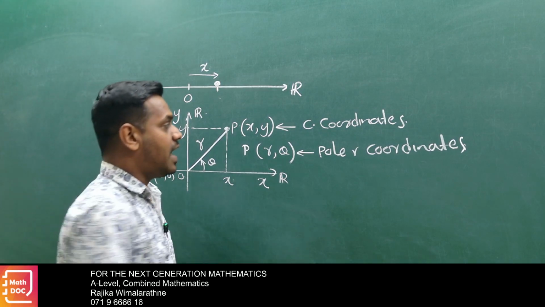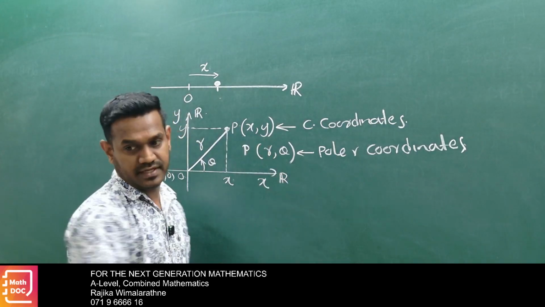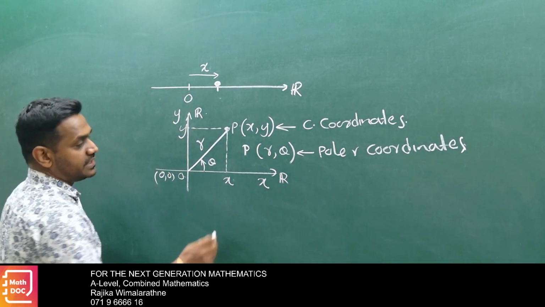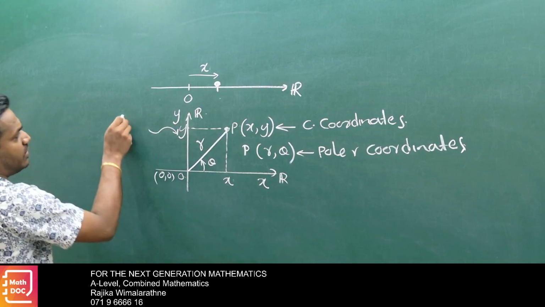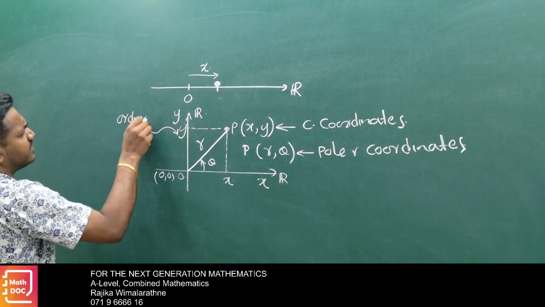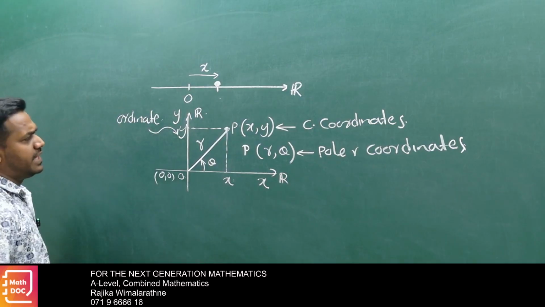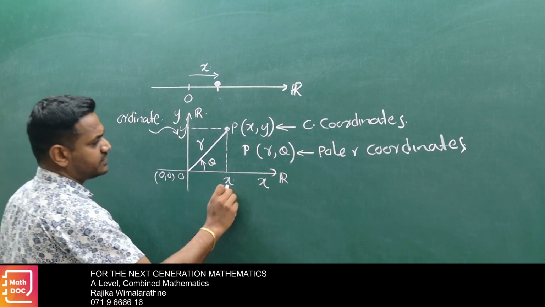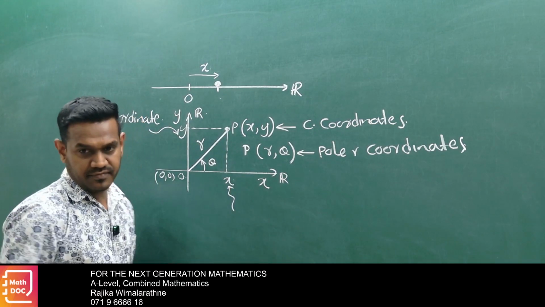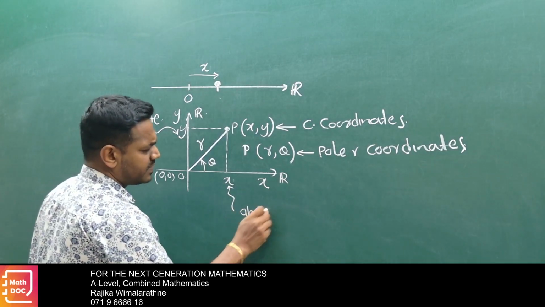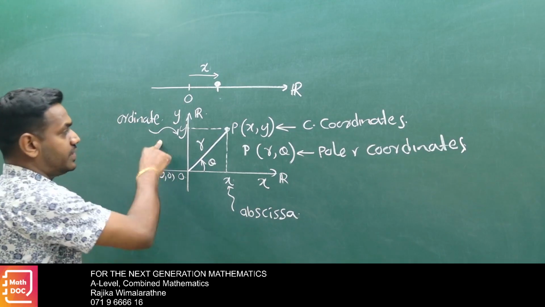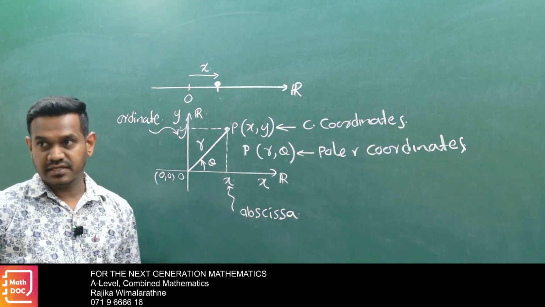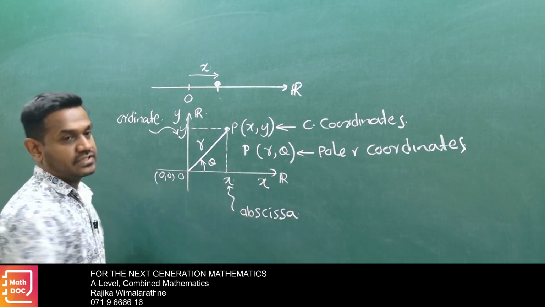Here r comma theta, and this is x comma y. And one more thing, this y coordinate we call the ordinate, and x we call the abscissa. So y we call ordinate, x we call abscissa.